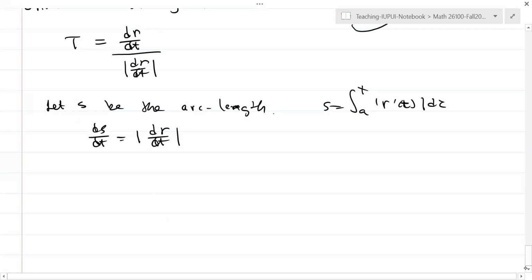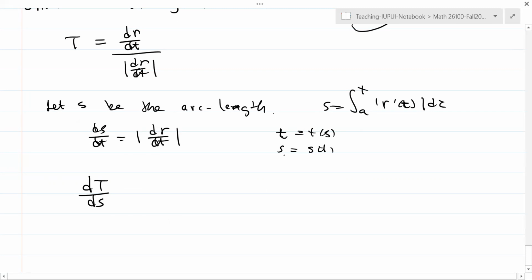That's the relationship. Now I'm going to differentiate T with respect to s. T can be viewed as a function of s, and s is a function of t; they're inverse to each other.